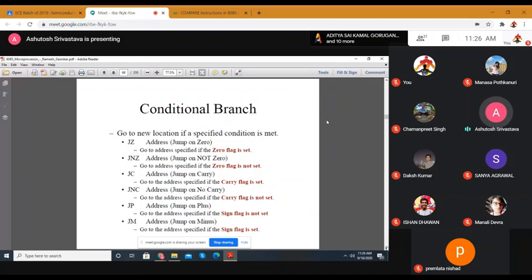Now you please note down the different types of conditional branches. The first one is JZ.